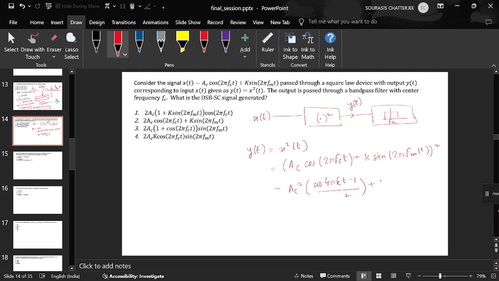Anyway, plus 2 Ac k cos 2 pi fc t sin 2 pi fm t, plus k squared (1 minus cos 4 pi fm t) by 2.